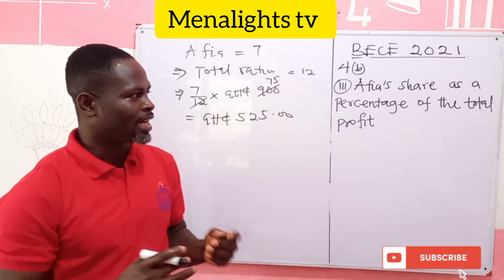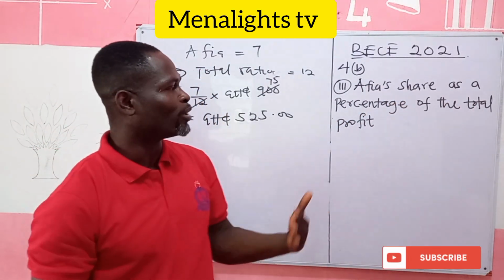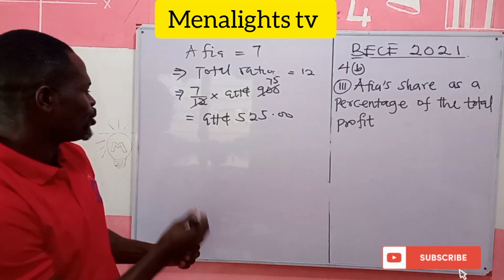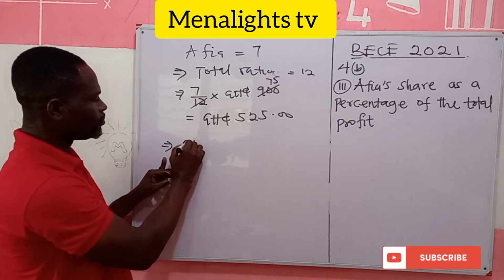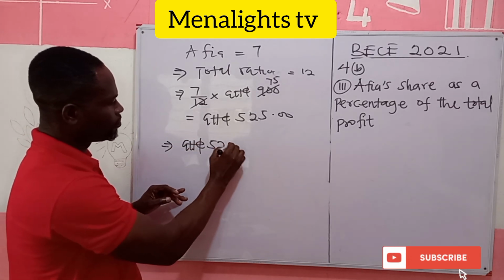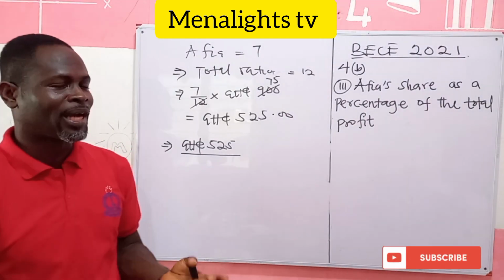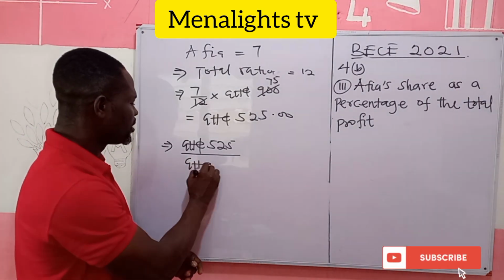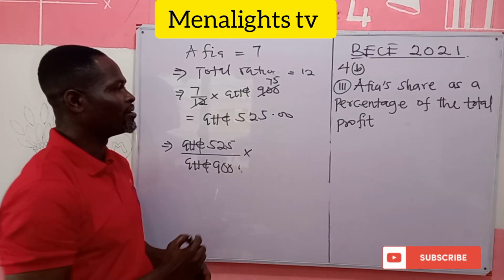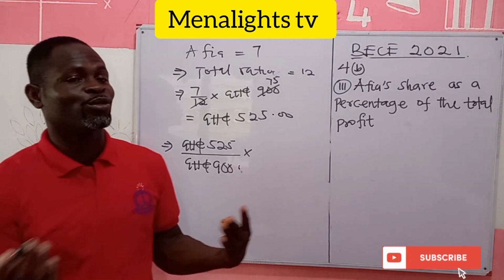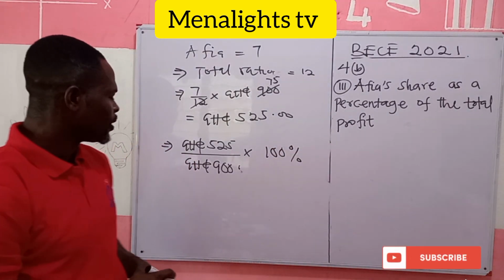So the 525 cedis is Afia's share of the profit. Now the question says to express Afia's share as a percentage of the total profit. So that will be Afia's share, 525, divided by the total profit, 900 cedis, times 100%, since it is a percentage.